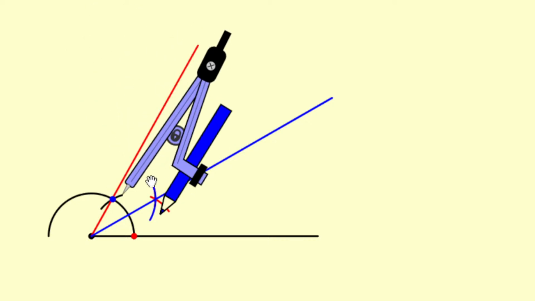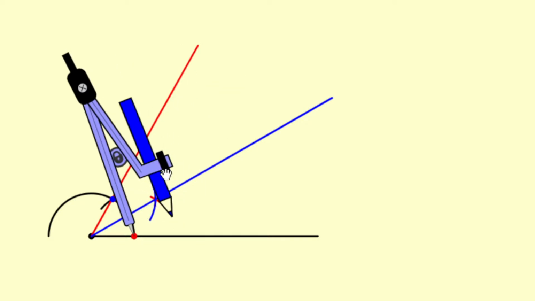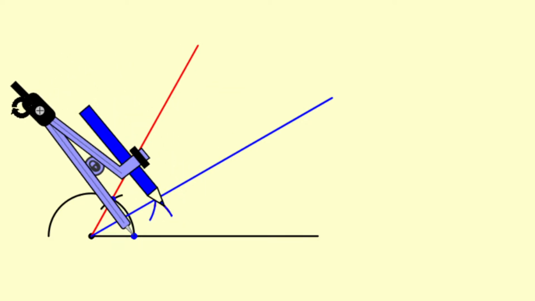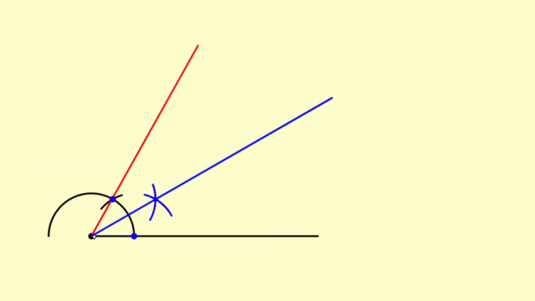The radius of the compass I kept the same. From the other end point of the angle, I drew another arc, and then we drew one line starting from the vertex of the 60 degree angle and passing through the point of intersection of these two arcs. So this is how we will get the angle bisector.